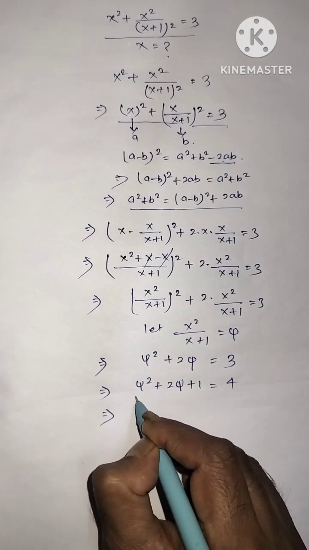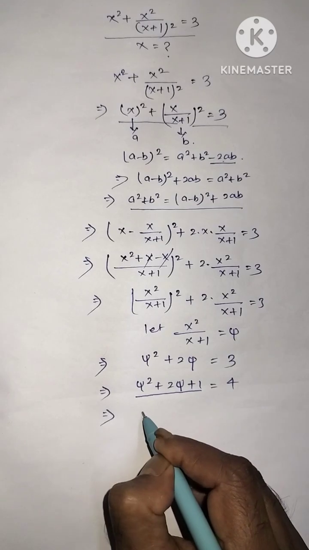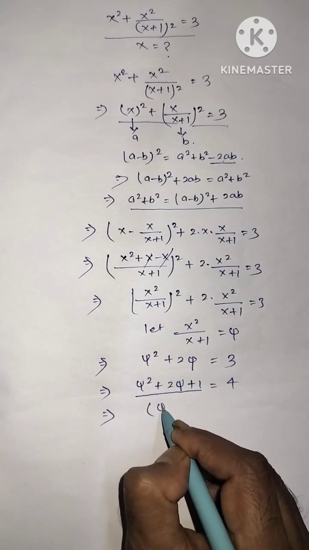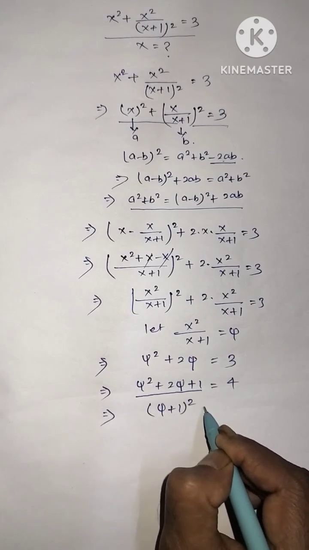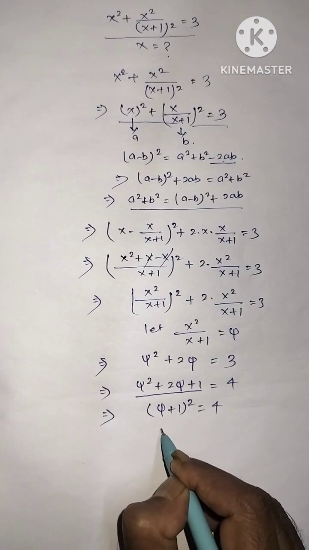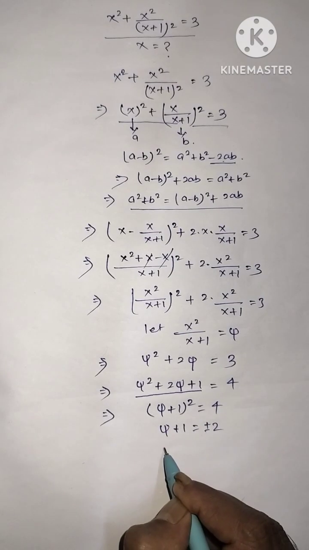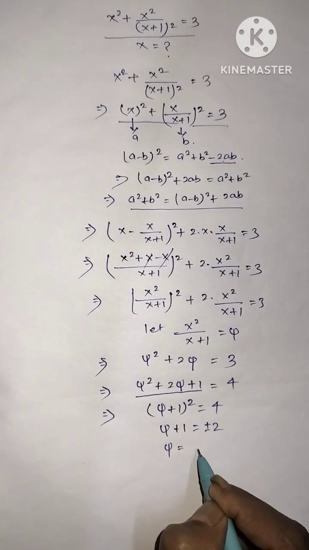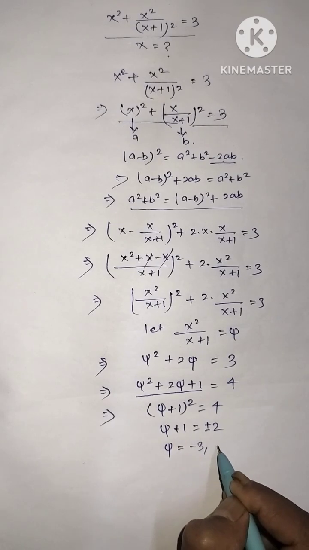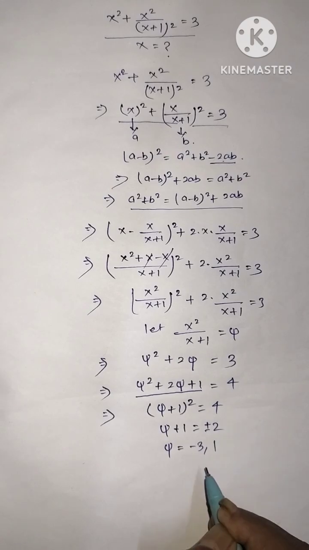And these 3 terms can be written as (psi plus 1) whole square equal to 4. So psi plus 1 will be equal to plus minus 2. And psi will have 2 values. This will be minus 3 or 1.